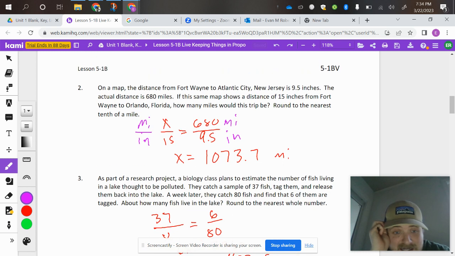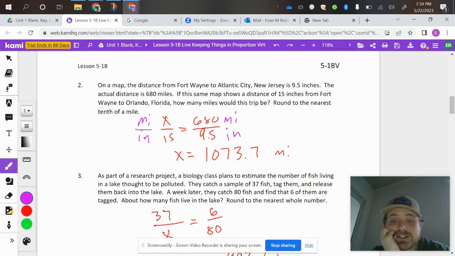Similarly, in the fish problem for the biology class here, they're catching 37 fish, and then they're tagging them and releasing them back. So again, we've got 37 fish up here. It says a week later they catch 80 fish and find that 6 of them are tagged.